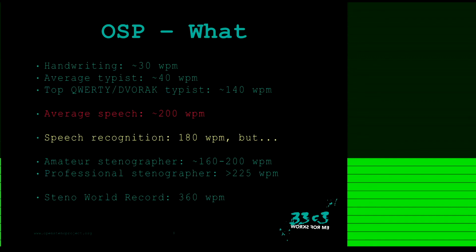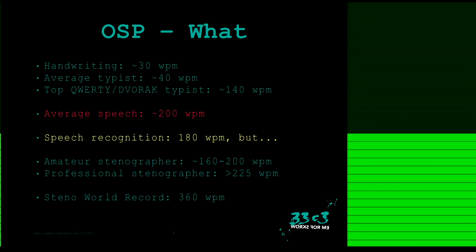Let's have a short look here at writing speeds. As you can see, handwriting is obviously not really sufficient to capture a speaker at roughly 160 plus words per minute. Even the fastest writers in QWERTY and Dvorak are not yet in that range. I know there are some exceptions; for everything, there are some exceptions.